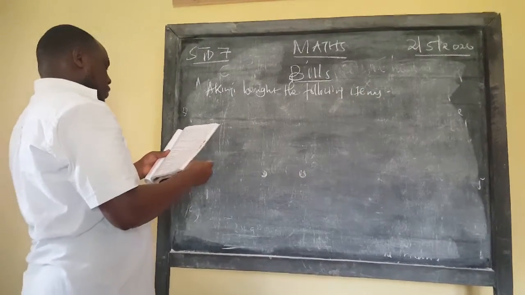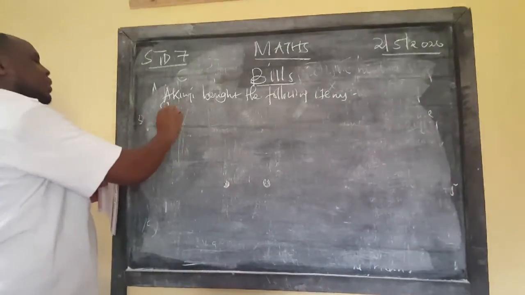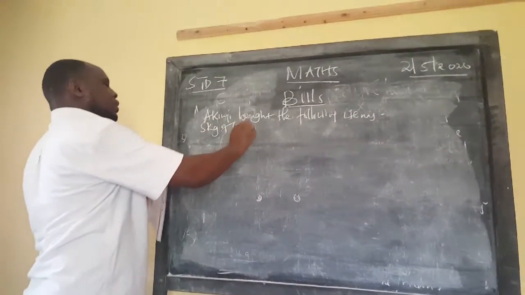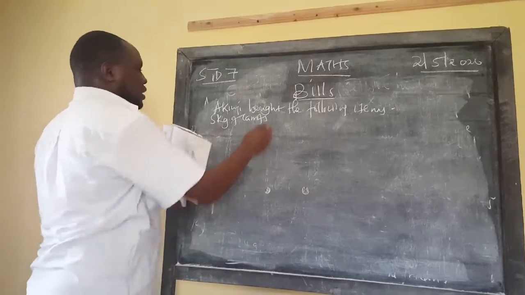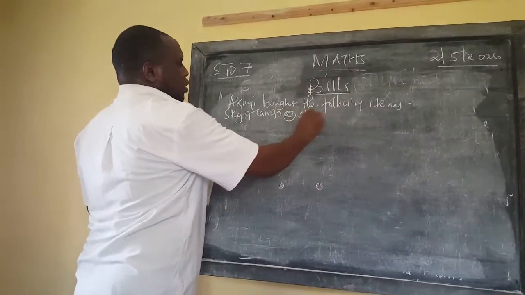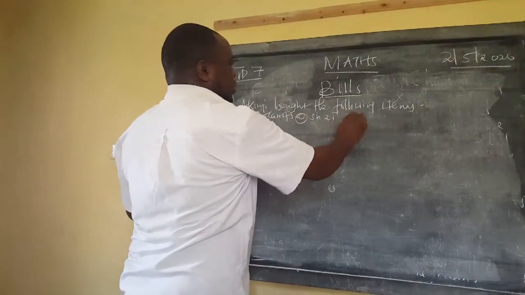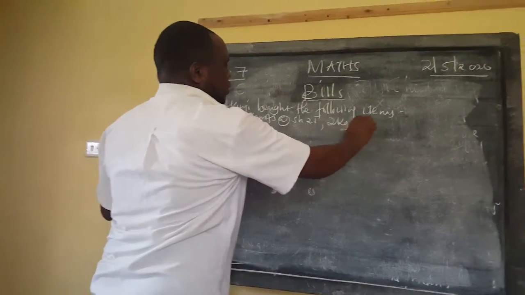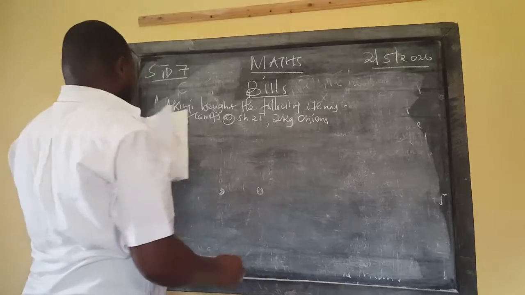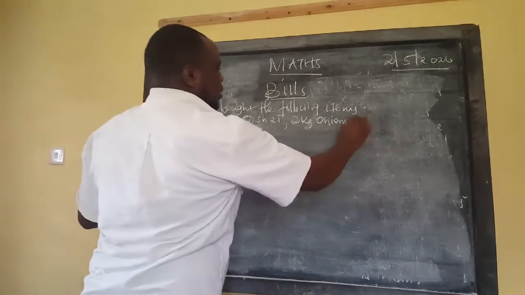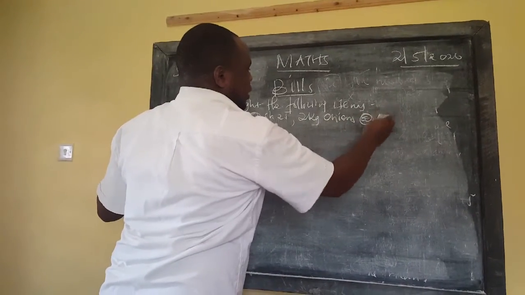She bought 5 kg of carrots at 25 shillings. She also bought 2 kg onions at 45 shillings.